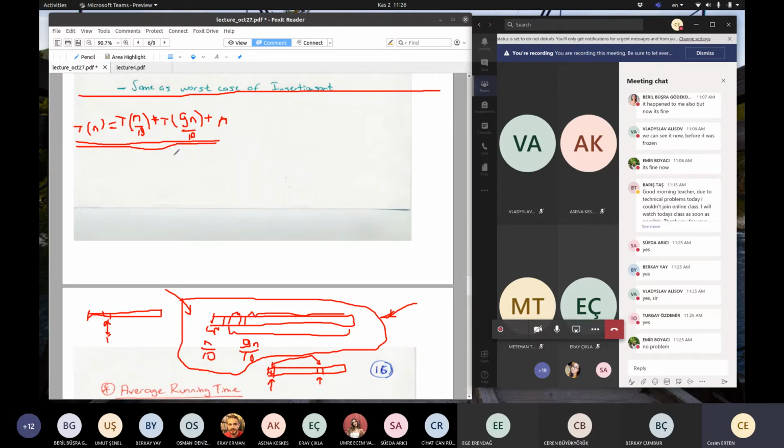For instance, if you remember from our previous lectures, we have mainly seen two different methods to solve recurrences.